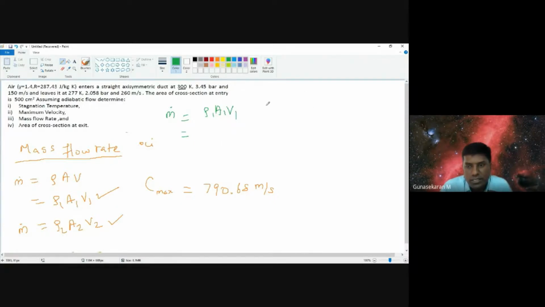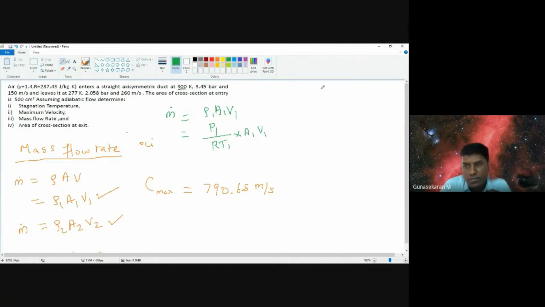The ideal gas equation says P1 by rho 1 equal to R T1. So rho 1 is nothing but P1 divided by R T1, into A1 into V1.